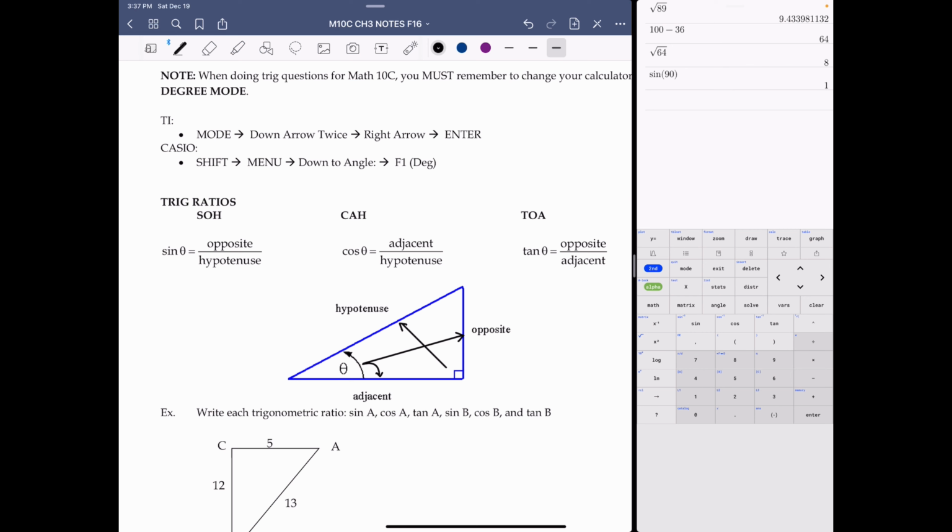You can only use these for right triangles, and we have a method of remembering what each of them is, which is SOHCAHTOA. So sine is opposite over hypotenuse, cos is adjacent over hypotenuse, and TOA, tan, is opposite over adjacent.